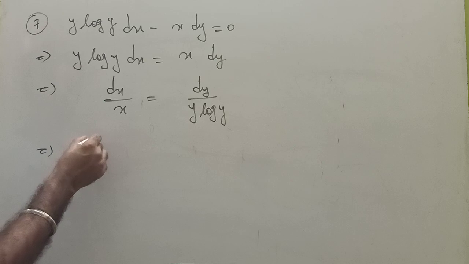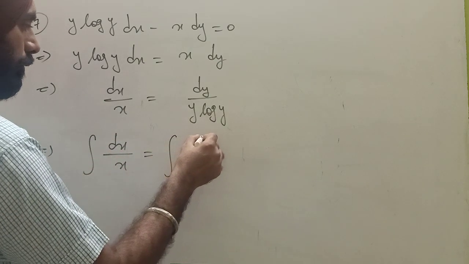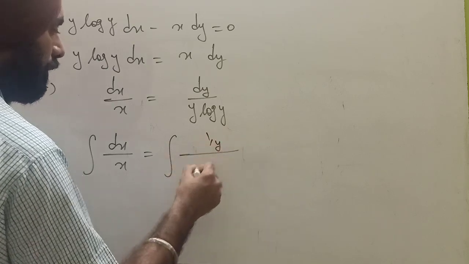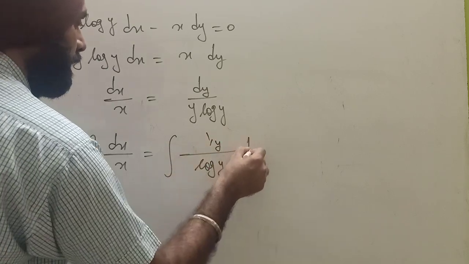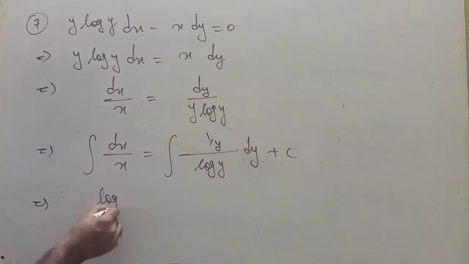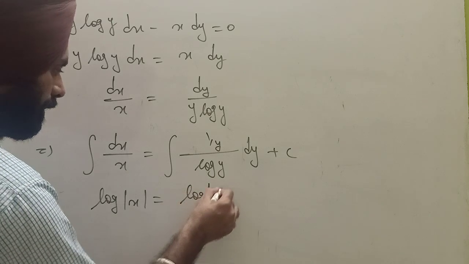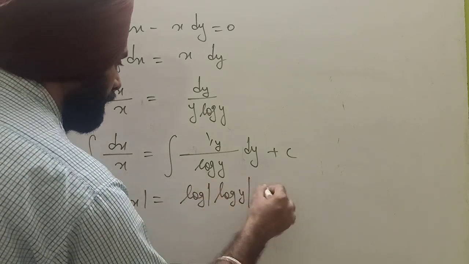Now integrating both sides. The integral of dx over x is equal to the integral of 1 over y log y dy, and put plus c on the right hand side. Now integrating, this is log mod x is equal to derivative over function, again log mod function plus c.